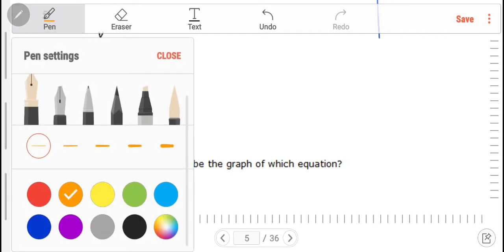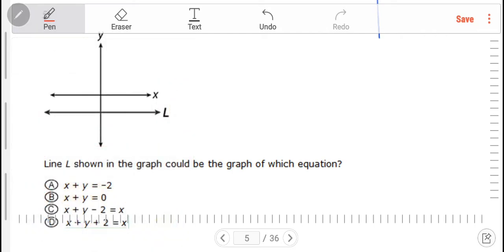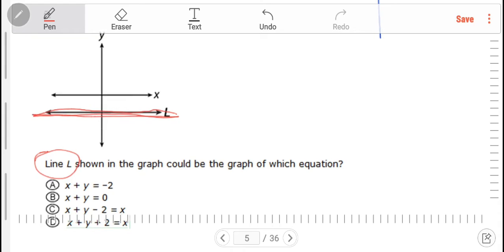Here is the x-axis and here is the line L. So this is the line L, which is parallel to the x-axis. It's below the x-axis. Okay, line parallel to x-axis and below.